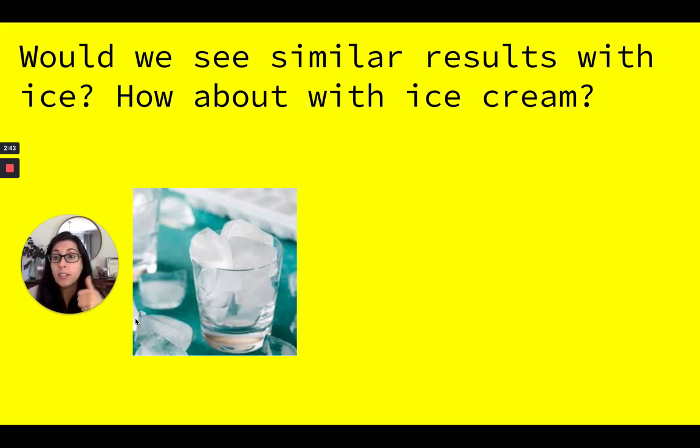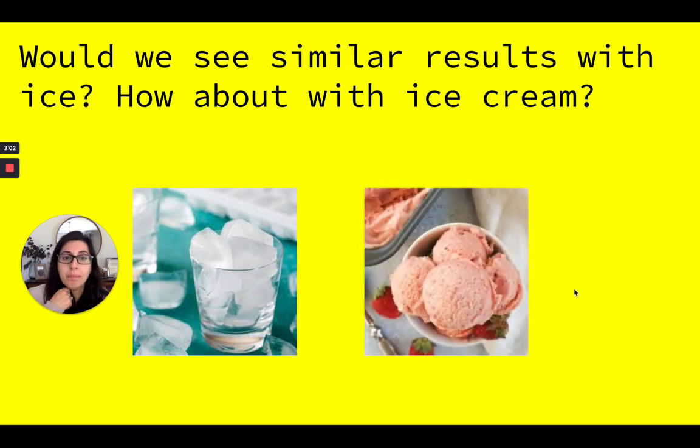Thumbs up, thumbs down. Yes, it would, right? So would that be an example of a reversible change or an irreversible change? Call it out in 3, 2, 1. A reversible change.